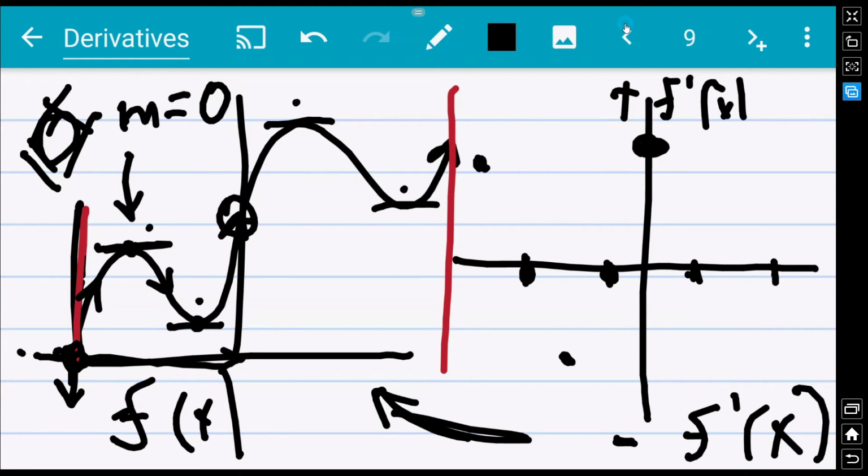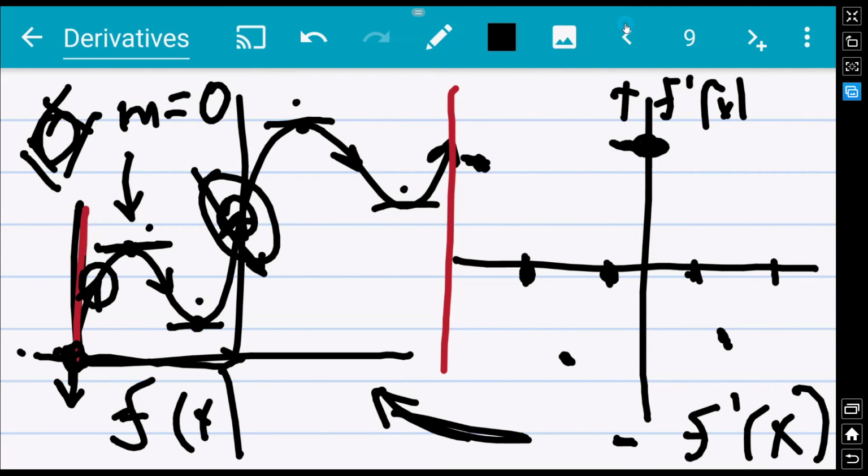It's just a coincidence that they're the same. If this was going down like that, then the y-intercept would be on the negative side of the derivative. Now, here it hits 0, and here it's going down again, so we'll put it down. As you can see, in this spot over here, the increase is steeper than here. So that means the increase of the function here is more than over here.